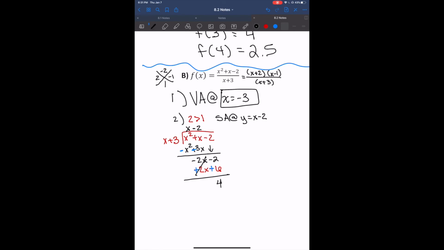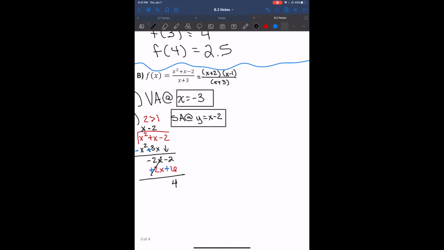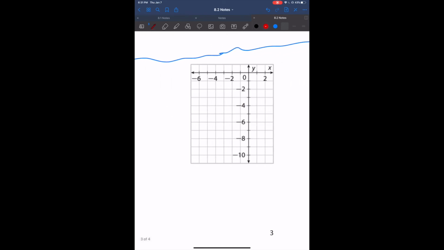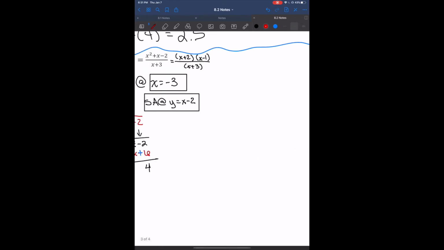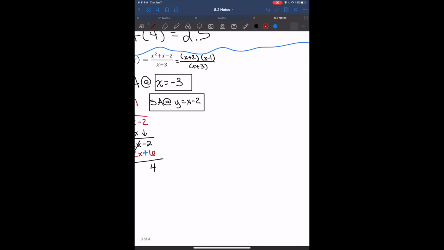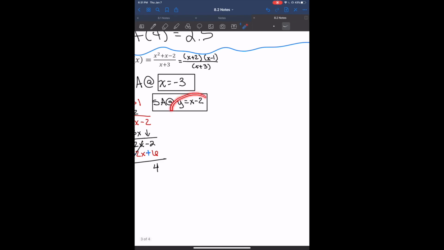Okay, let's go ahead and graph these asymptotes to begin with. So x equals negative 3. And slant asymptote at y equals x minus 2. Now, if you don't remember how to graph this, y equals mx plus b, we always start at the y-intercept.